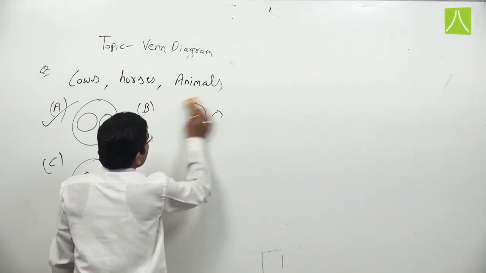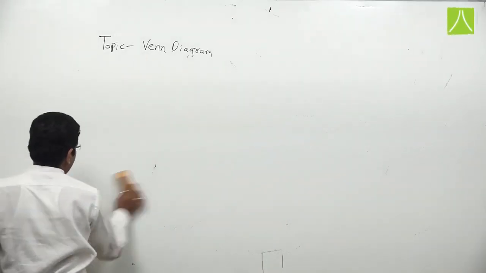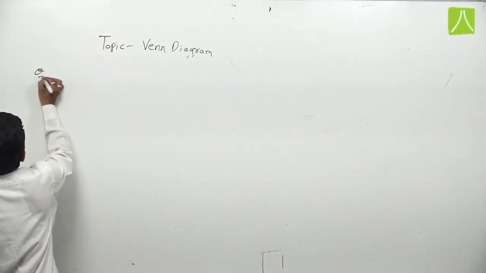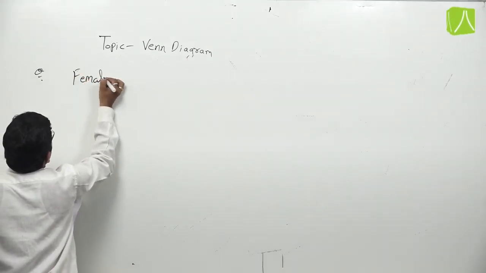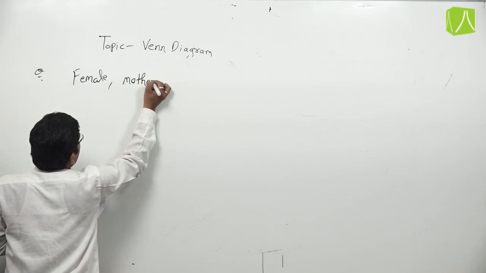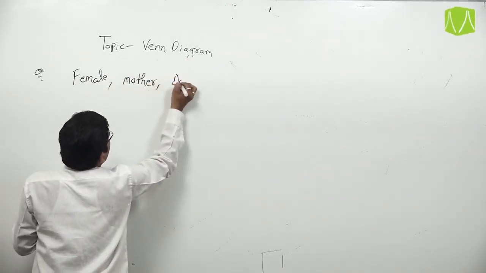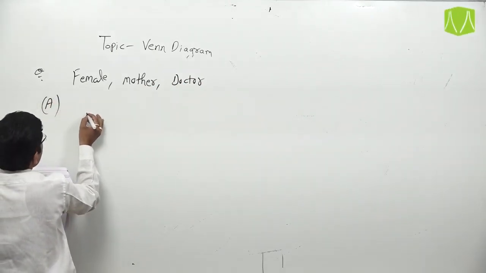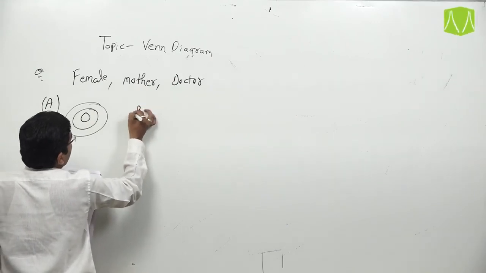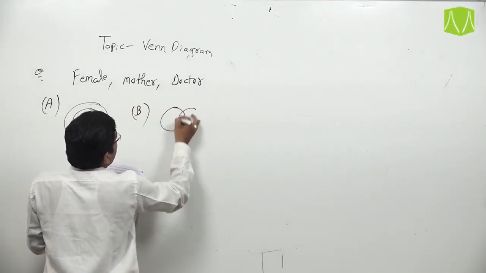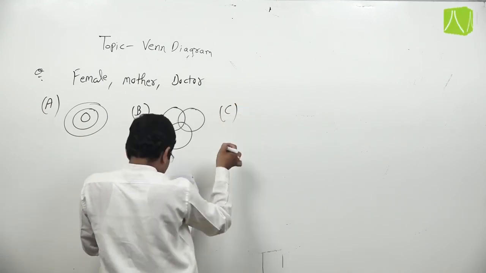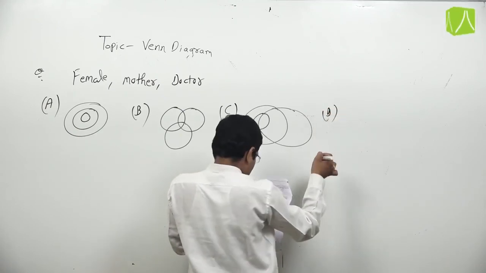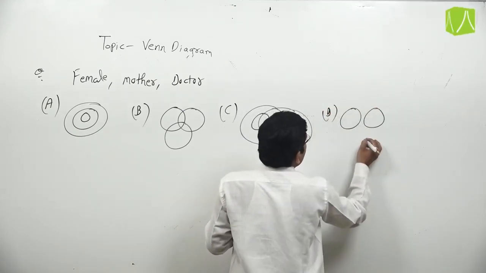Take one more example: female, mother and doctor. Our A option is this, B option is this, C option is like that, and D option is three different circles.